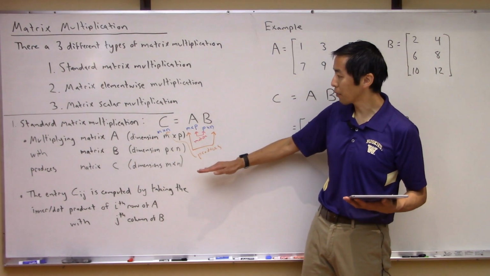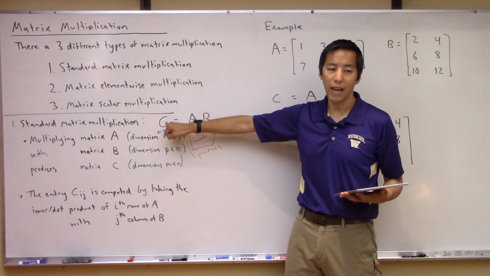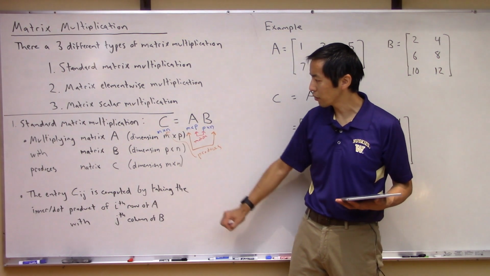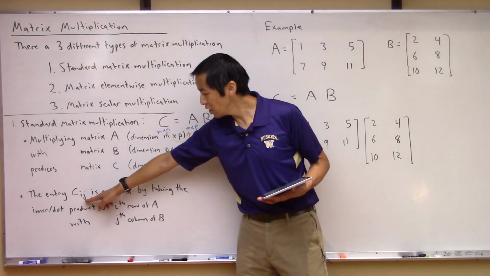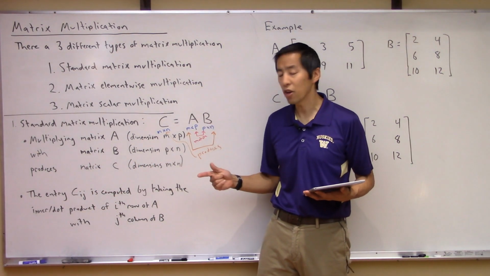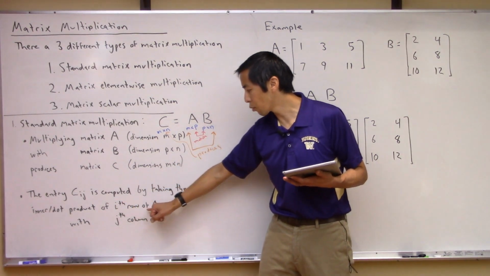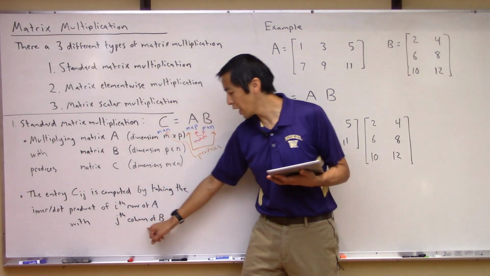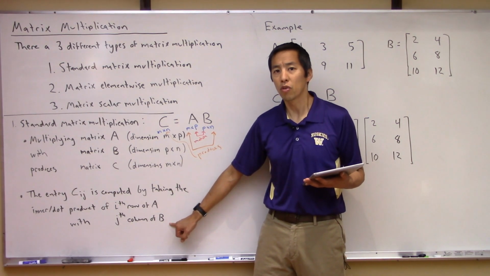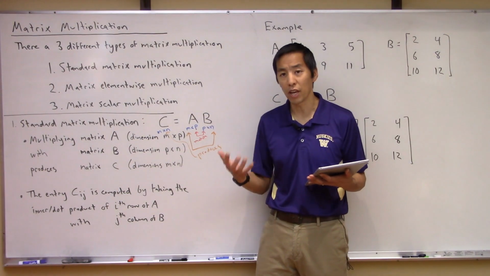Provided your dimensions are consistent, the way you get this matrix C is kind of interesting. The ijth entry in C is computed by taking the inner or dot product of the entire ith row of A with the jth column of B. I'm going to assume you remember a little about the inner or dot product.